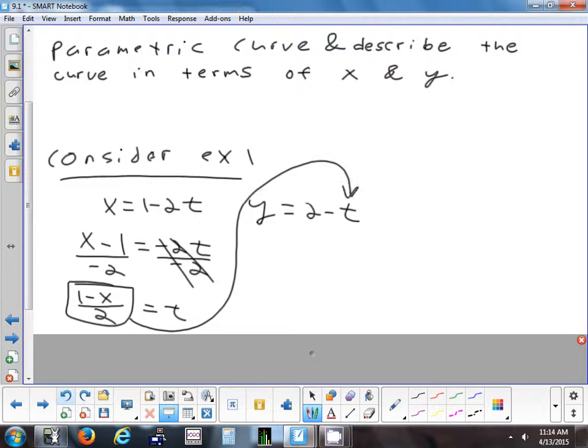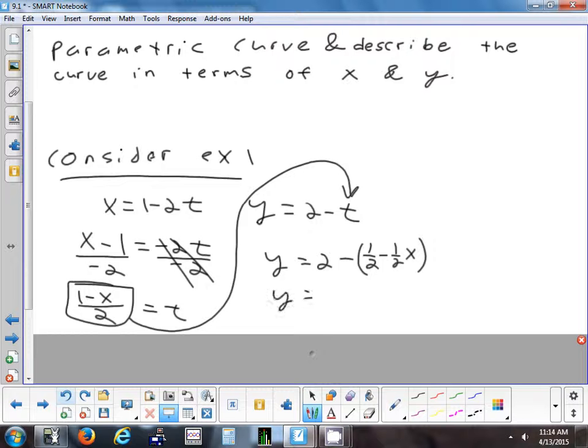Now plug it in. Okay, we're going to get y equals 2 minus, and you know what? Let's divide each part here by 2. 1/2 minus 1/2 x. So it's 1/2 minus 1/2 x.